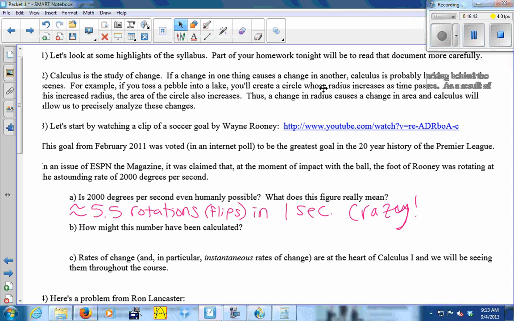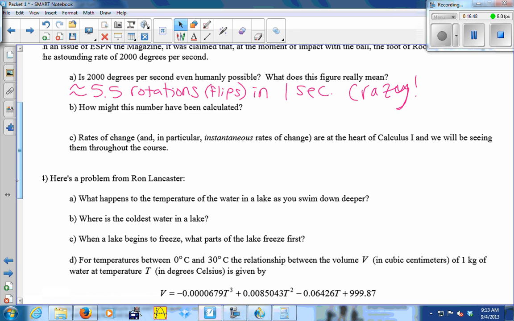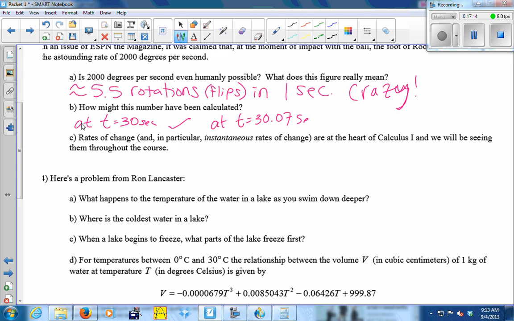So pause it in 2 spots. We could measure the angle of his leg in the 2 different spots. So we would say, okay, at t equals 30 seconds into the video, the angle of his foot is like here, right? And then maybe at t equals 30.07 seconds, something like that, we measure the angle of his foot like here.